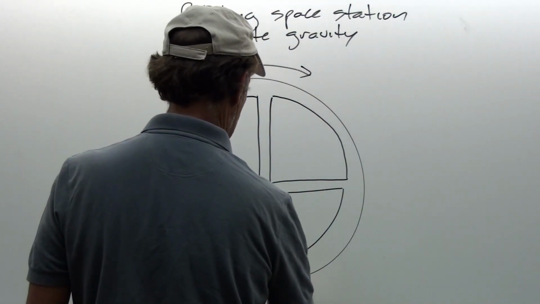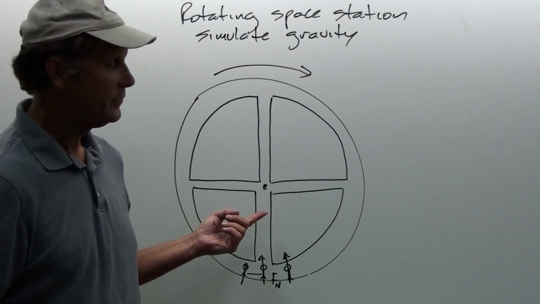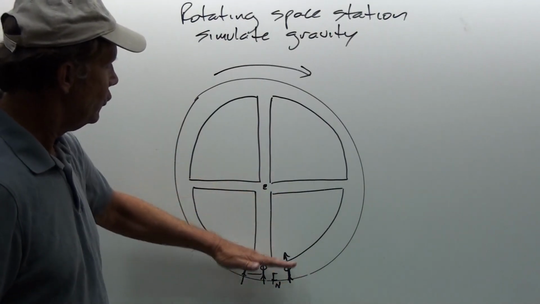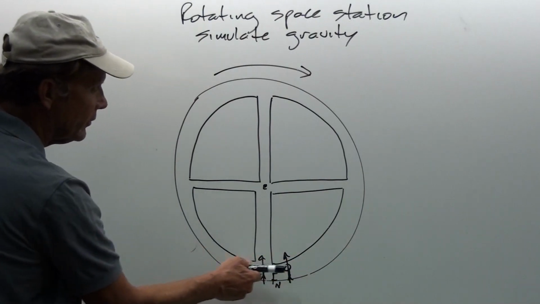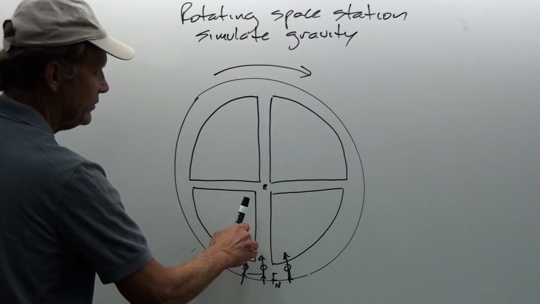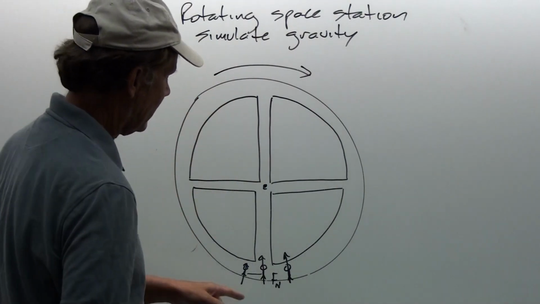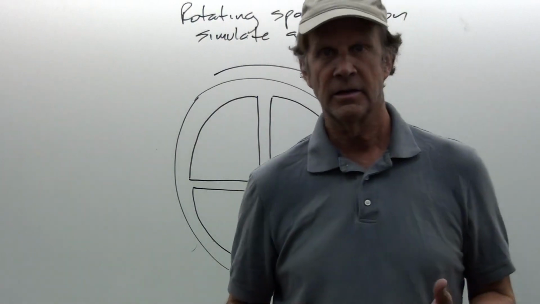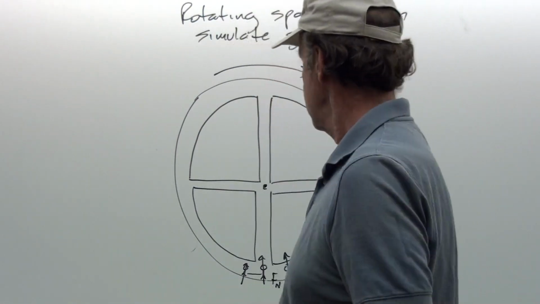So you have F normal. And even though you might be weightless up there, you can simulate gravity with a normal force that is basically caused by the fact that you want to go in a straight line and the floor is getting in your way. It's accelerating you and pushing up on you. And so that simulates the effect that gravity has on you on the surface of the Earth.